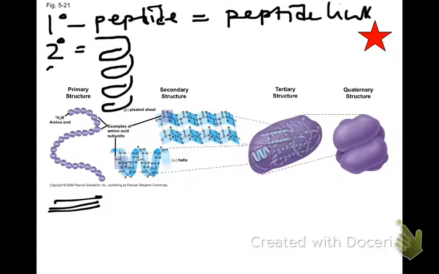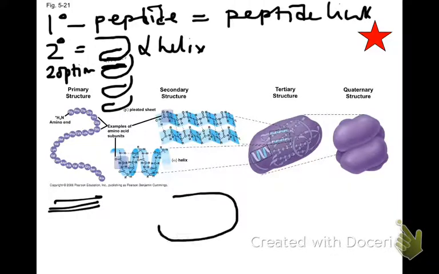You can have two options in this. One is an alpha helix. How can it do this? There might be an amino acid here which has the ability to form hydrogen bonds with the amino acid here. So you see, that is what holds them together.